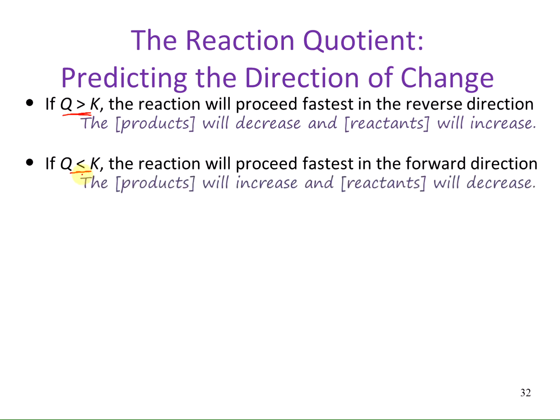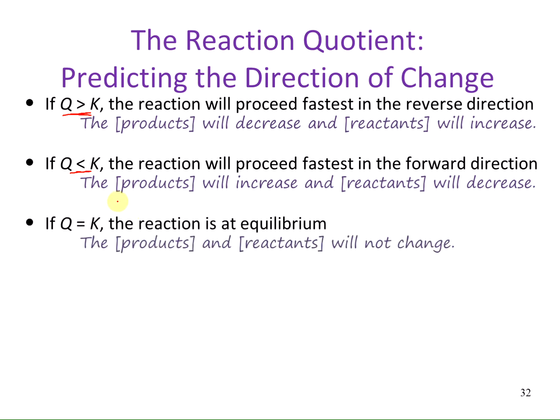If Q is smaller than K, the reaction will proceed fastest in the forward direction. The products will increase and the reactants will decrease. Now if you have a Q value equal to K, this means that you've reached equilibrium. So the product and reactant concentrations will not change because you're already at equilibrium.